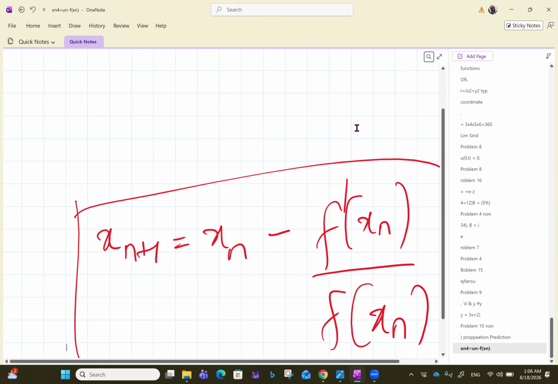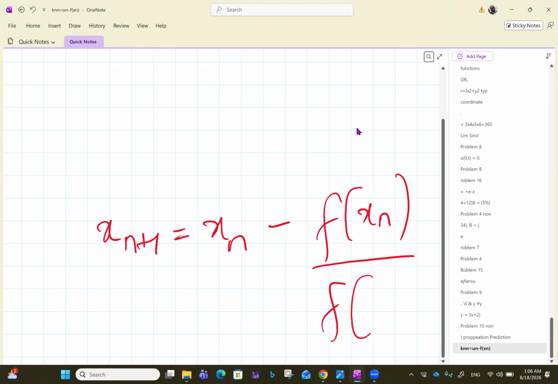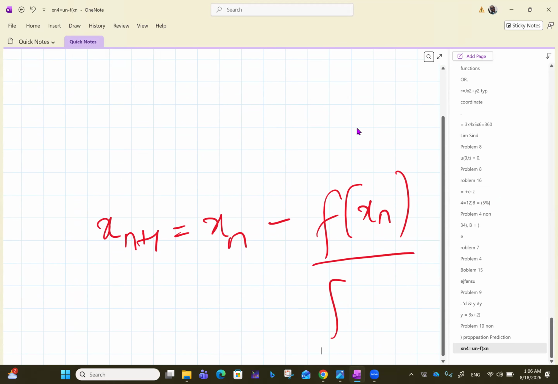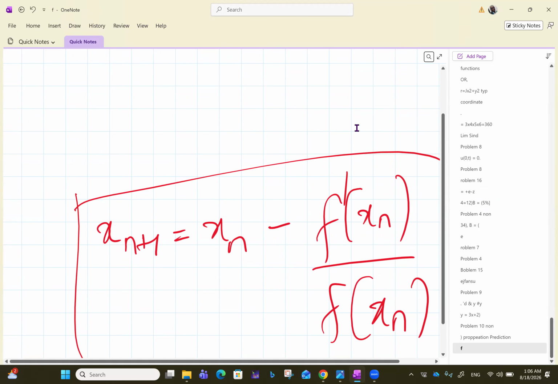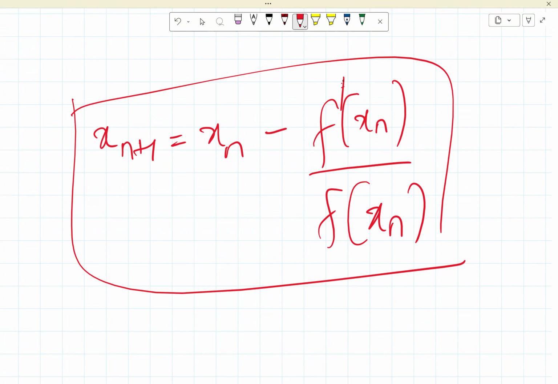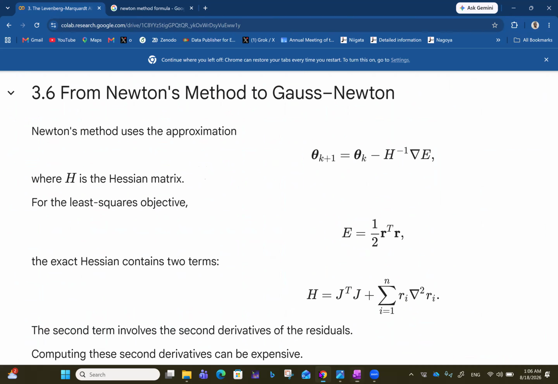F prime is actually down here. So that's the Newton method, like that. Because this H inverse means that it goes down.